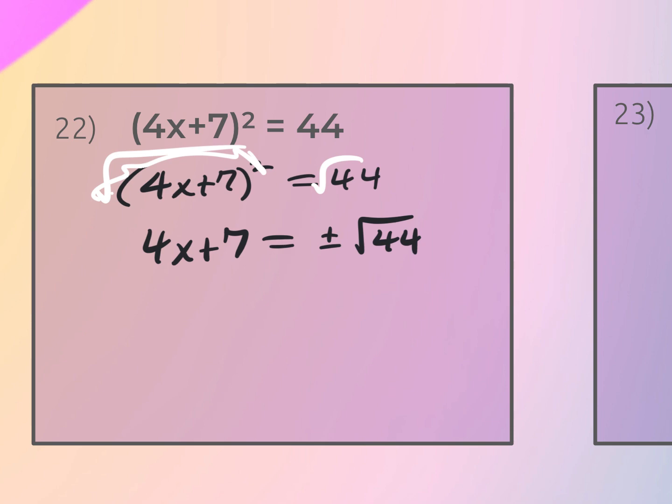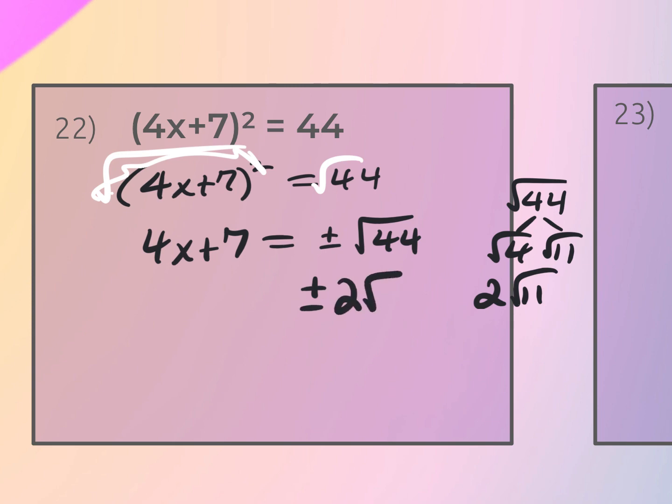I got to do the factor tree. So for the 44, I could do 4 times 11. If you notice 4 is a perfect square, just square root it. So this becomes plus and minus 2 square root of 11.